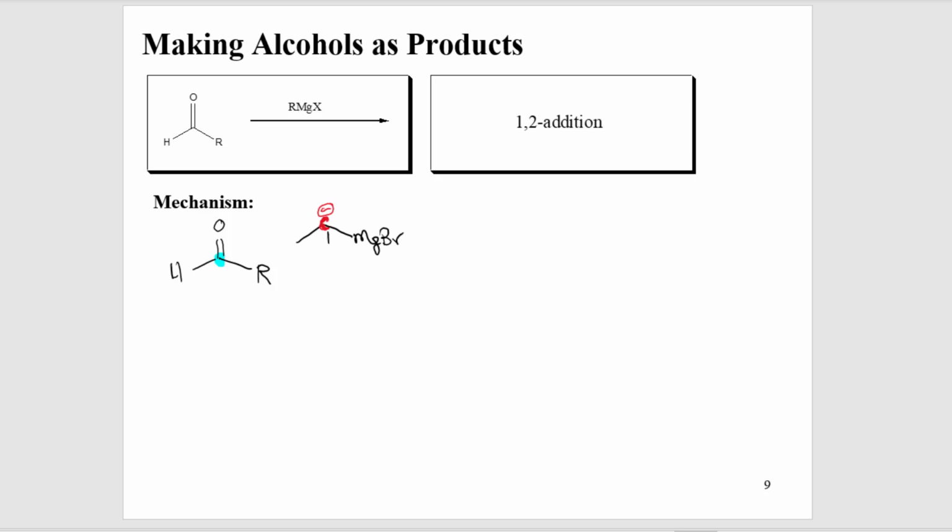I know that we draw this bond, but really it's just CH2 with a methyl. And the magnesium is 2+ and the bromine is 1-.